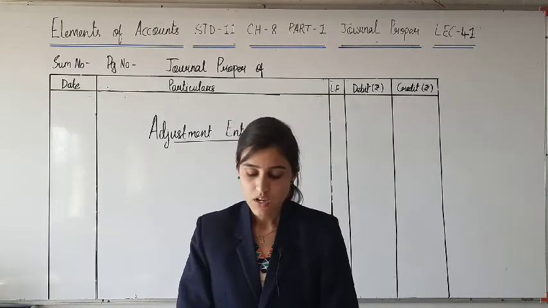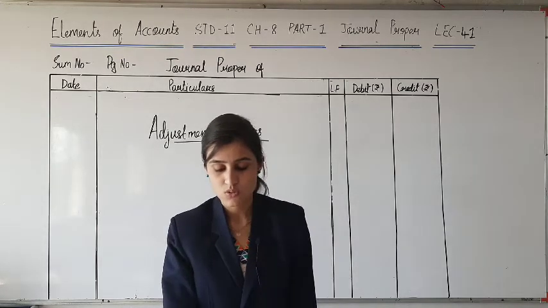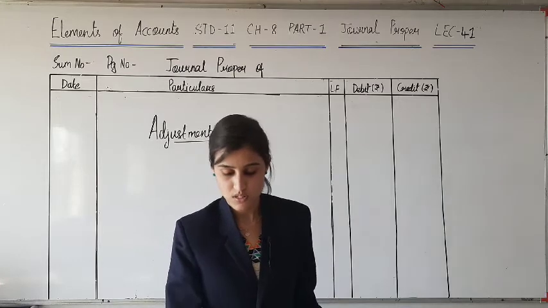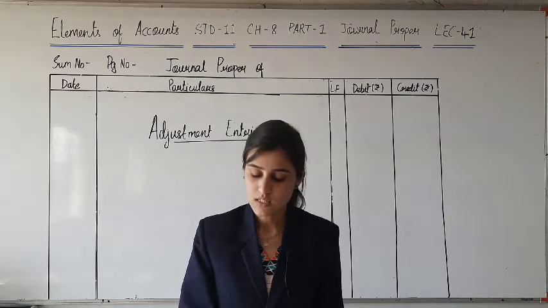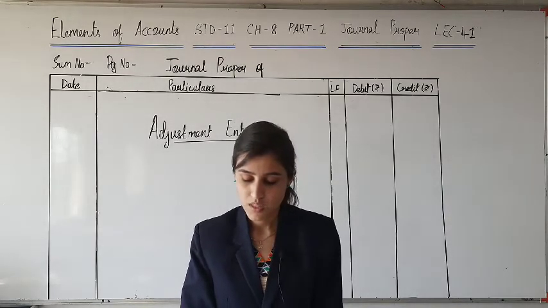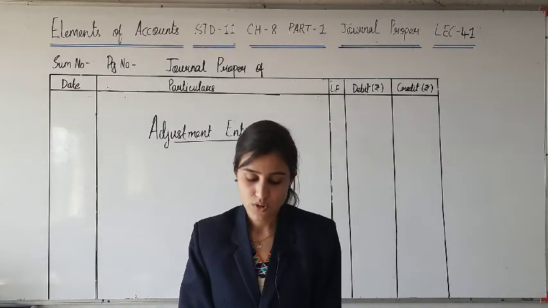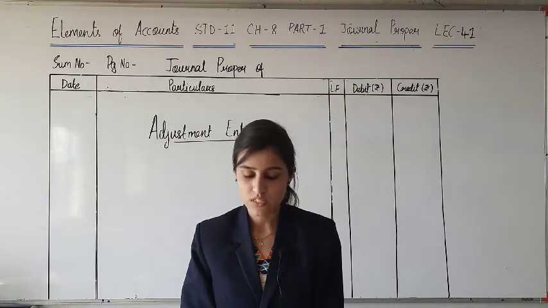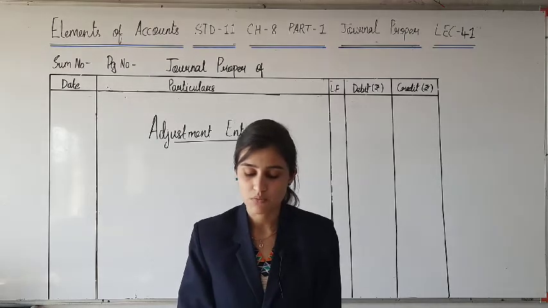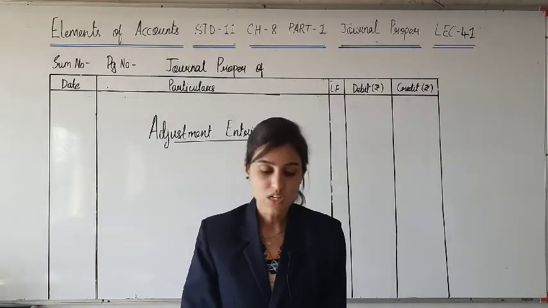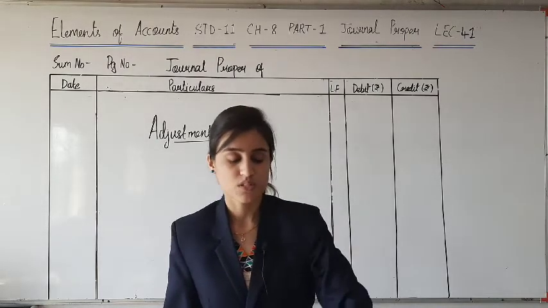Example they have given for explanation. At the end of the accounting year, there is closing stock of rupees 20,000. Salary rupees 5,000 unpaid. 400 is accrued for interest and depreciation 500 on machinery is to be written off. So, the first item is of closing stock.